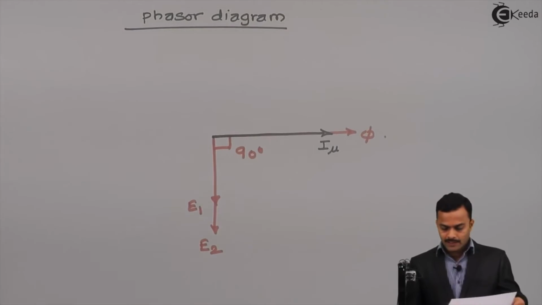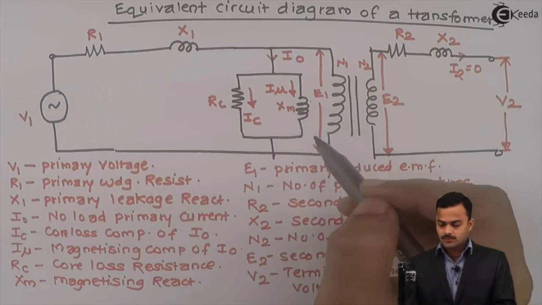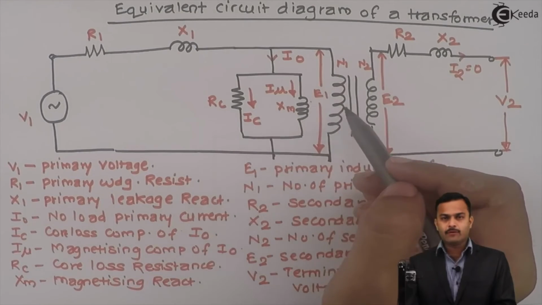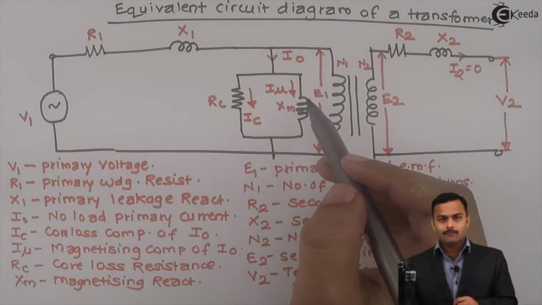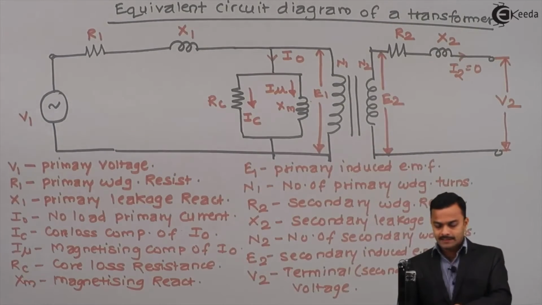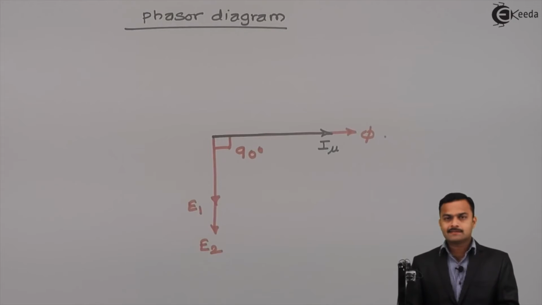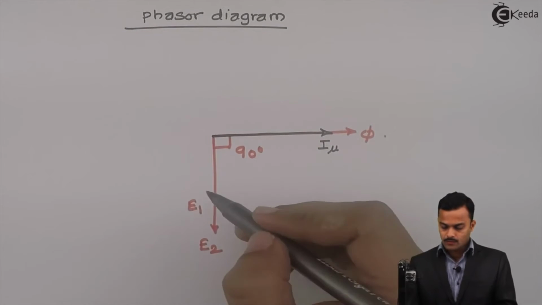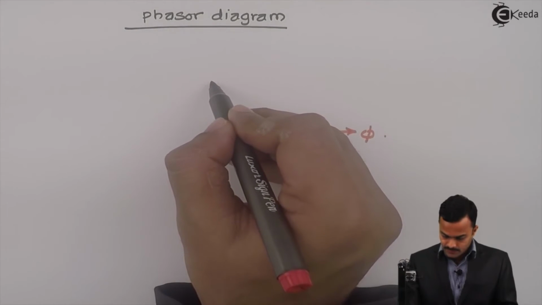I mu is the current passing through this inductor whose voltage will be E1. Actually, by Lenz's law, it should be minus E1, that we have already seen. So what we want over here, E1 and its opposite phasor is required, which is minus E1. So equal and opposite to this E1 will be minus E1, which will be like this.